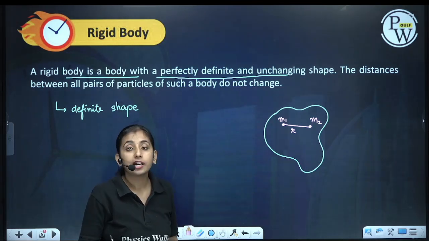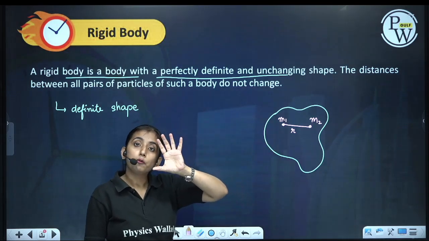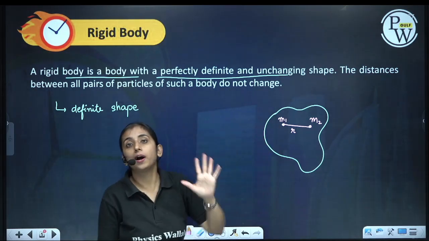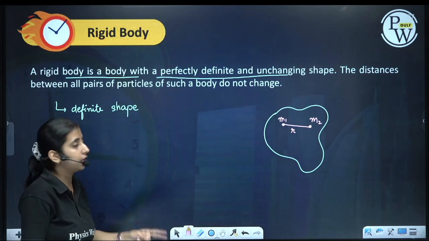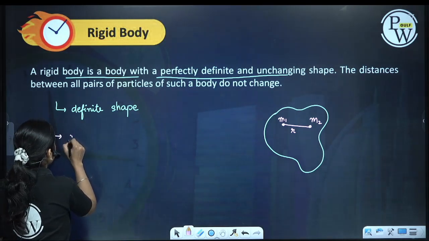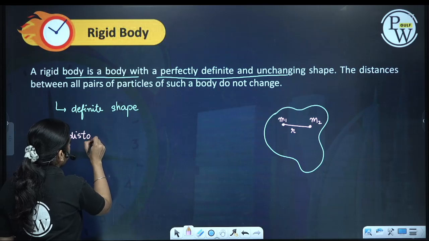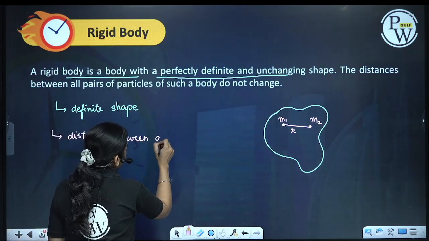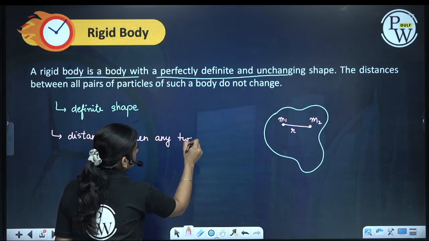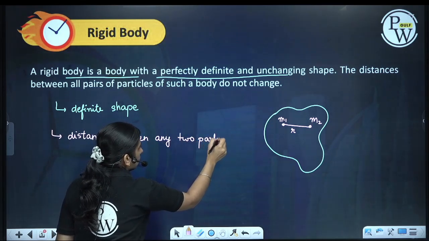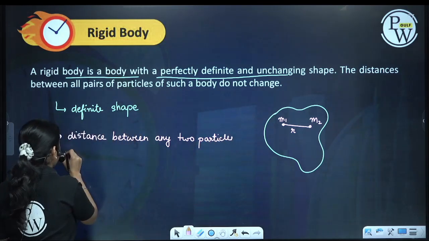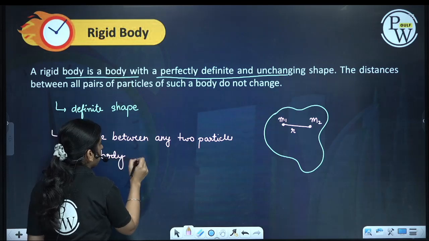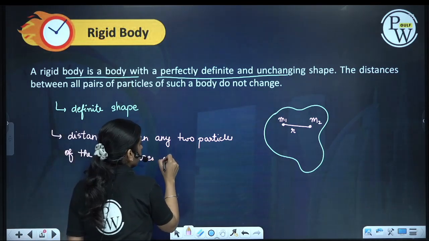Its shape will change. So for a rigid body to maintain its shape, the distance between any two particles of the body should not change with time.